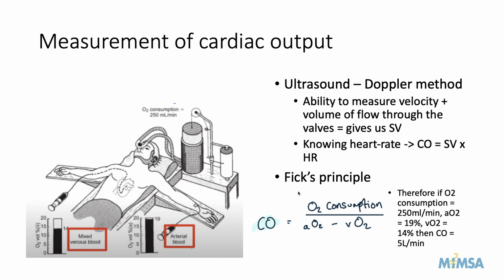So if we work out the normal cardiac output, assume that the O2 consumption is 250 milliliters per minute, and the arterial concentration is about 19%. That means, for example, if you have 100 milliliters of arterial blood that you collected, about 19 milliliters would be oxygen.